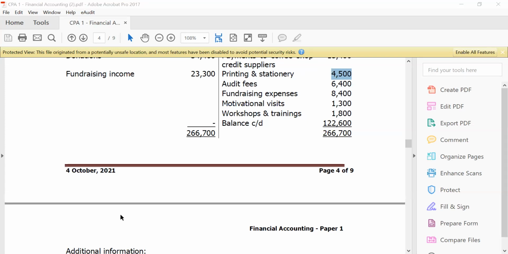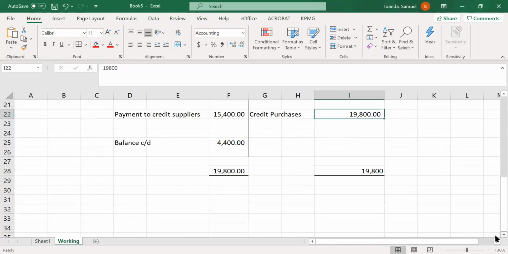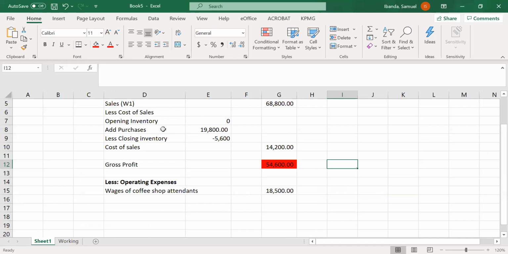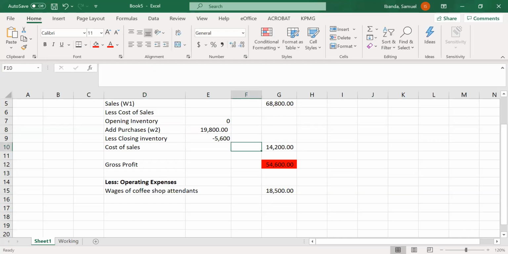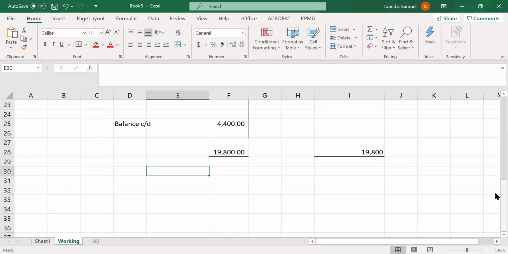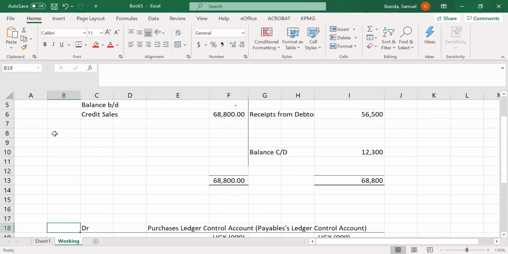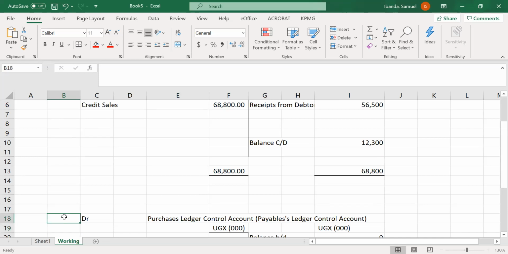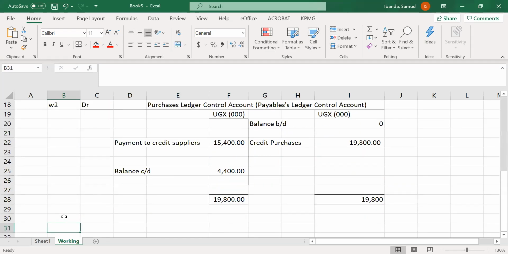So under my workings, this can be working two. Working two was this. So the other one can be working three. This was working one. It's good to name these workings in the exam. Then let me get to work.